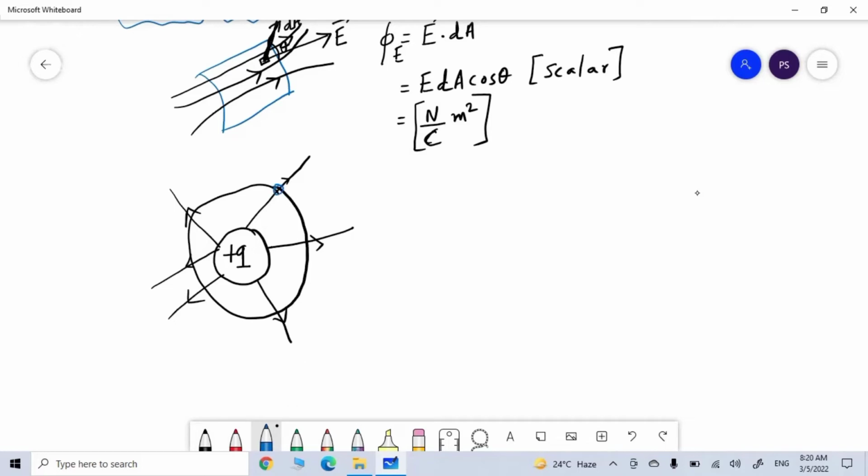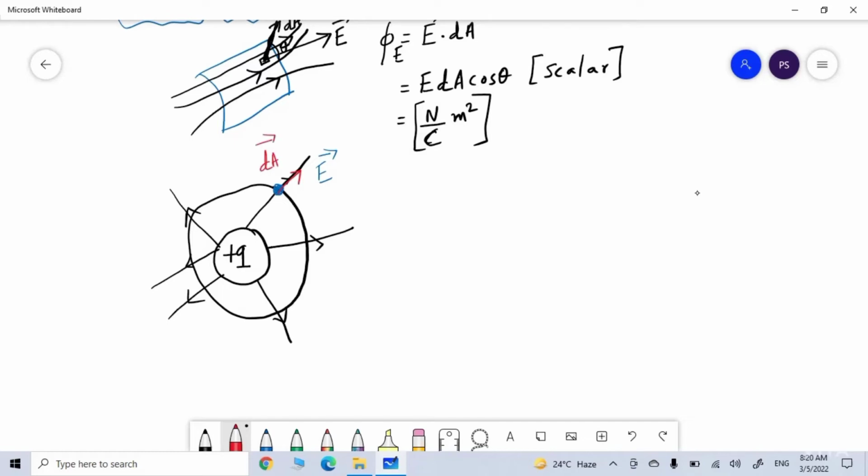Let's concentrate on an area element over here. The electric field is projected outwards from the charge, and the area element is exactly lying parallel with the electric field.